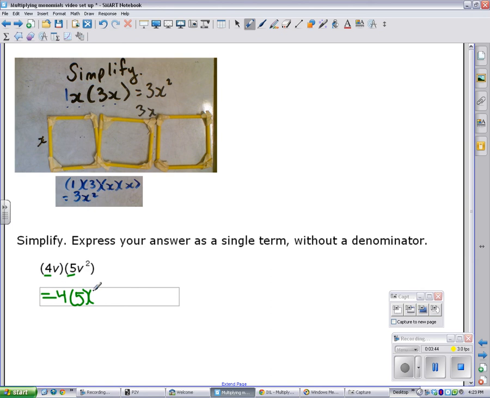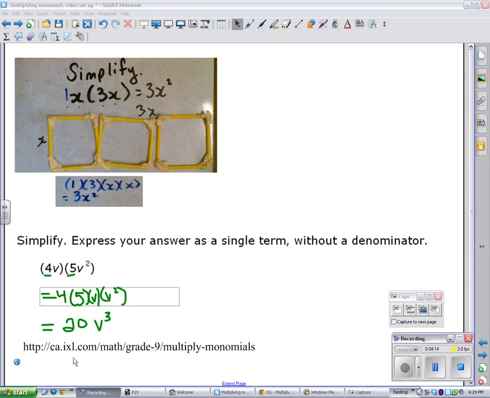So I have a v multiplying v squared. And so we saw earlier that if we had a square and we multiplied it by the same length, then we wound up with a cube. So I'm going to have v cubed, but how many v cubes I have is 4 times 5, so I will have 20v cubed.